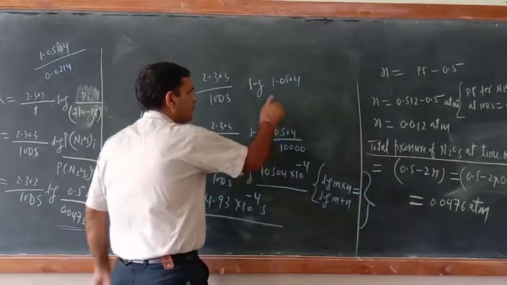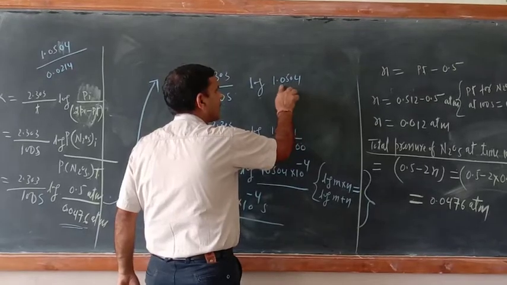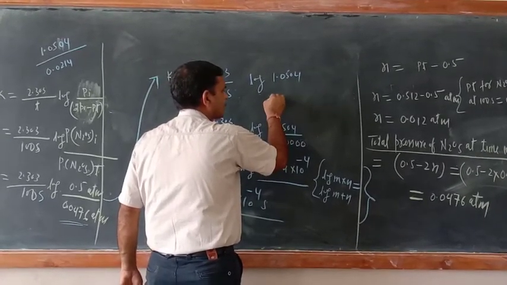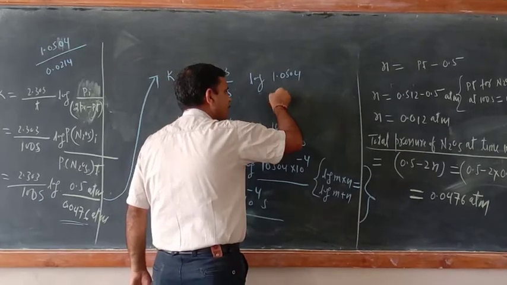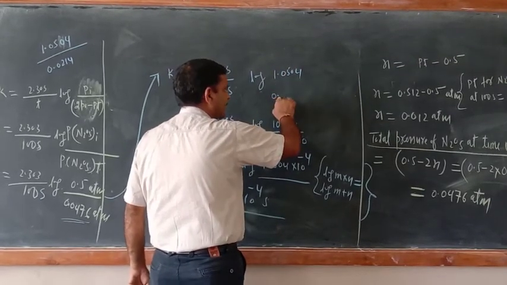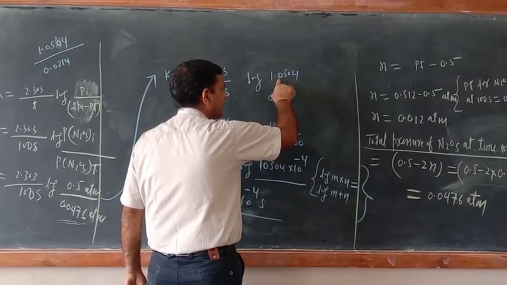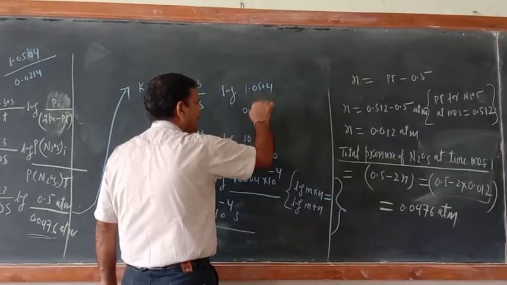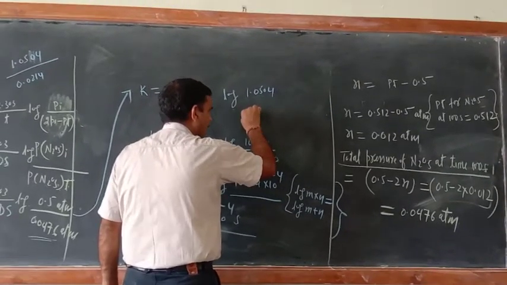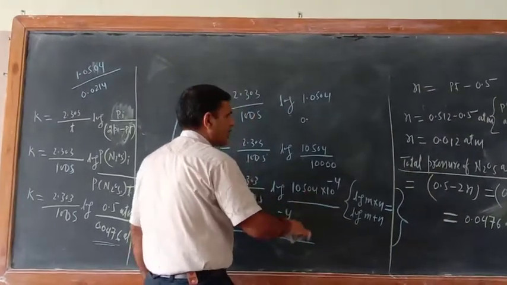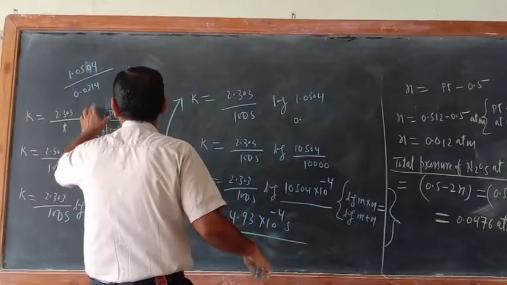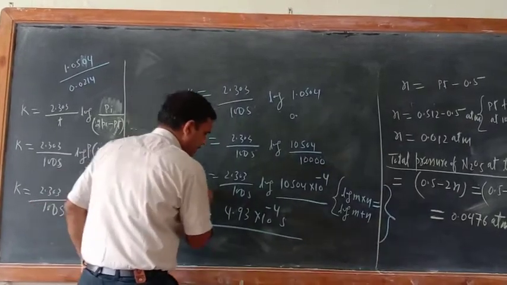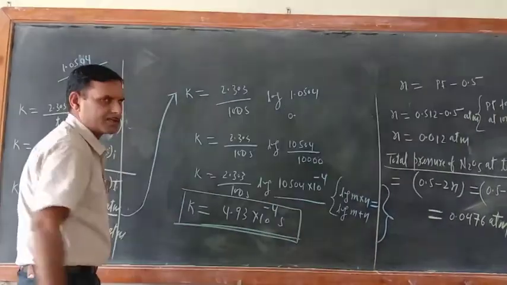Before the decimal, two digits are there, so n minus 1, and the value will start from 0.1. Now you have to see the log 10 value at 5 and 4 mean difference. If you solve, you will get near about 0.0214. You can solve this one. I have told you the procedure. The final answer you will get is this one only.